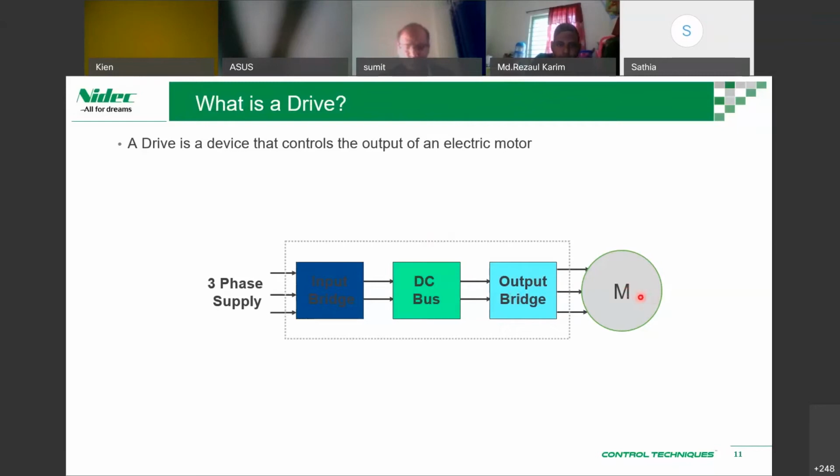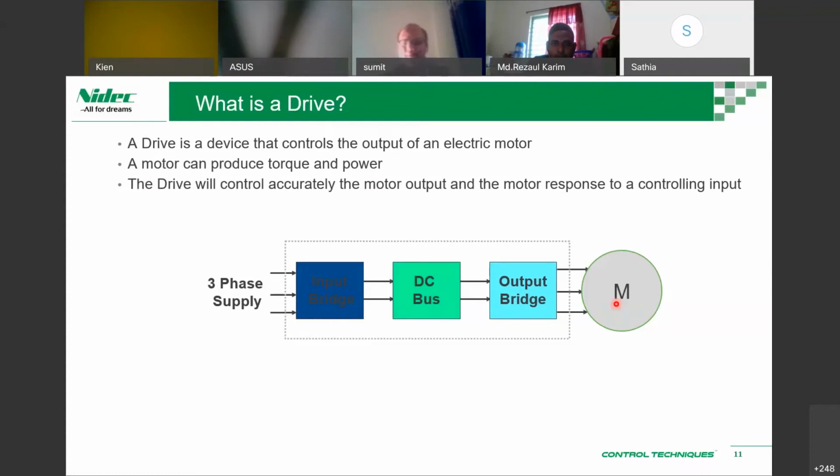A motor's output is mechanical power. So we control voltage to control current to control the mechanical power that is being driven by the motor. Motor can produce torque and power. That's what we went through earlier.